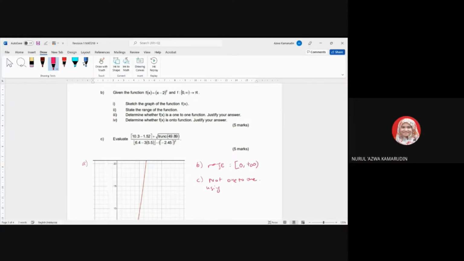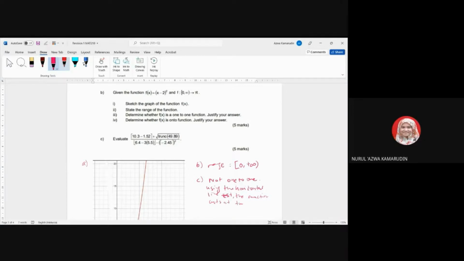Another one you can say using the horizontal line test. This is the reason why it is not one-to-one: using the horizontal line test, the function cuts at two different points.